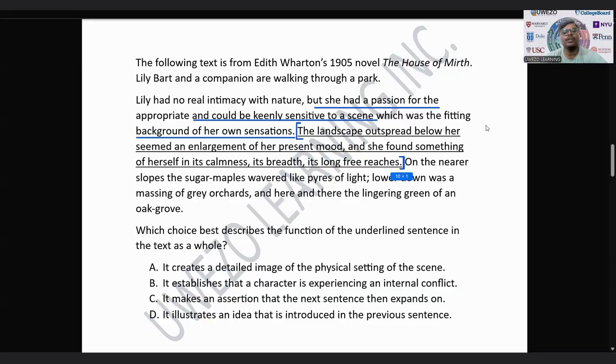If you read it one more time, the landscape outspread below her seemed an enlargement of her present mood. So this is connecting back with her mood. Here we are connecting the environment, or the landscape, with her present mood. She found something of herself in its calmness, its breadth, its long free reaches. So again, connecting her mood with the surroundings. And the last part says, on the nearer slopes, the sugar maples wavered like pyres of light. Again, connecting to the same point.